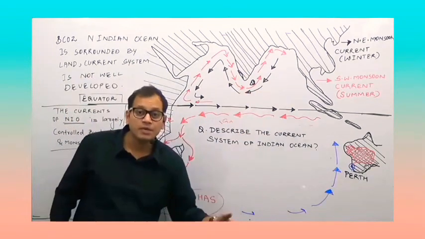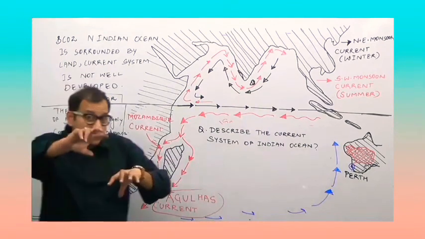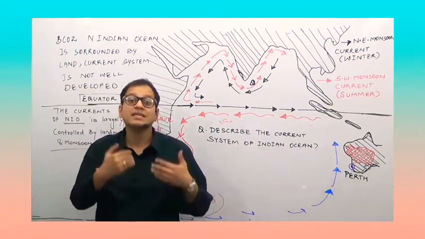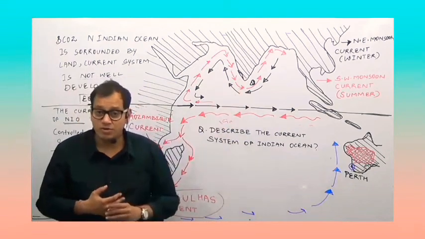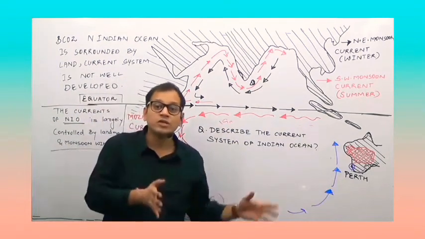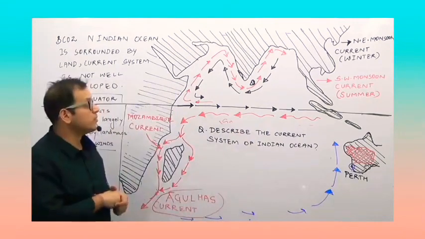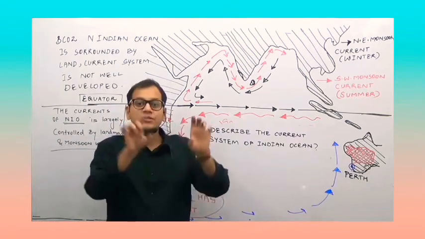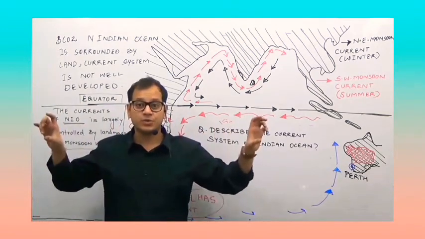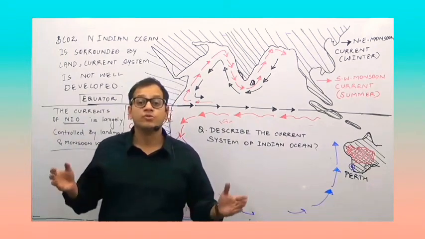This is a warm current. Fifth, when there is a change in the direction of monsoon winds, the currents also change their direction in the form of the northeast monsoon current, which develops during the northeast monsoon season, that is the winter season in the Indian subcontinent. It is also a warm current. Thus, the current system of the Northern Indian Ocean is largely controlled by the direction of monsoon winds.